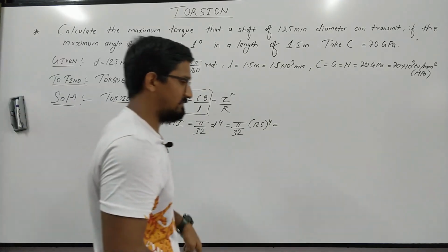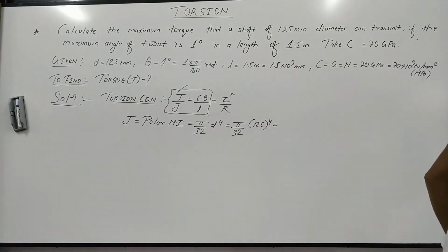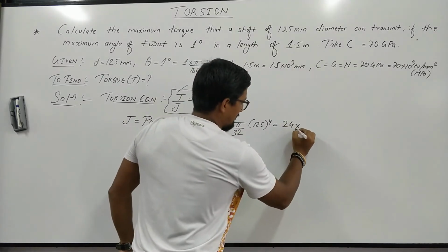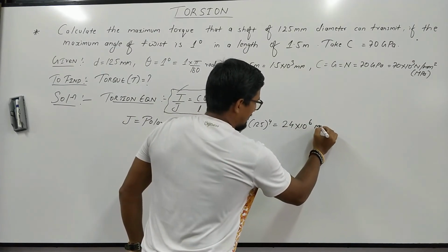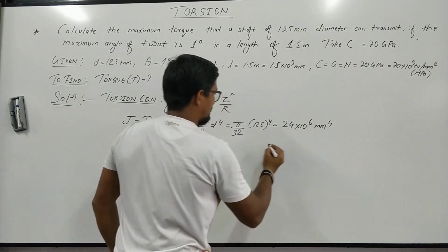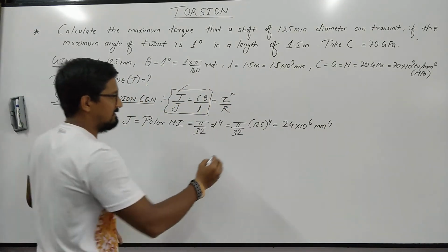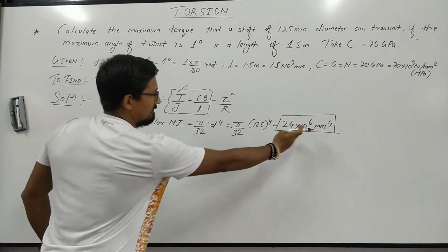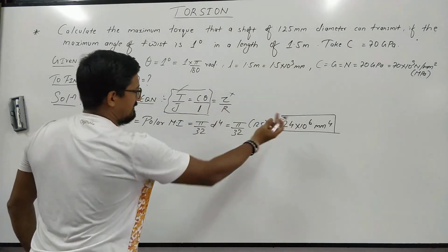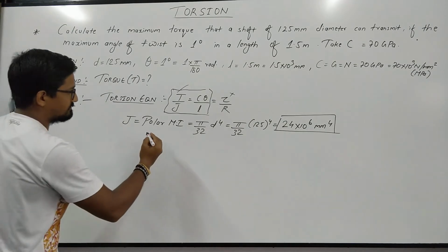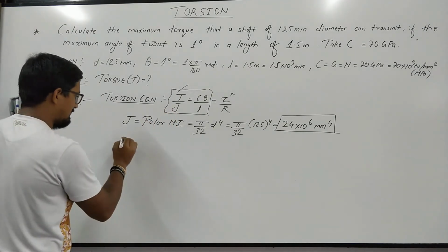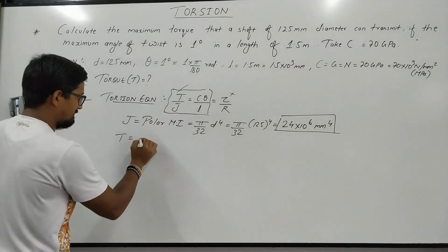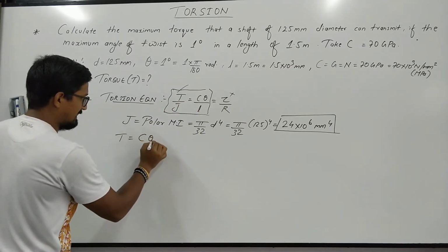Let me check the answer. J is coming out to be 24 into 10 raised to 6 mm raised to 4. Since the diameter is in mm, our final unit for J will be mm raised to 4.